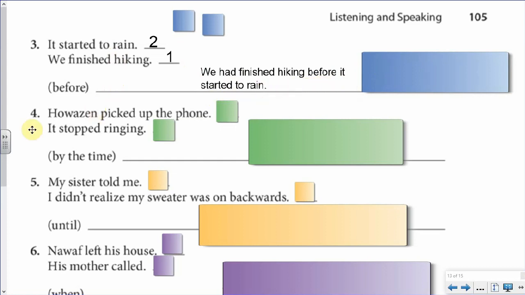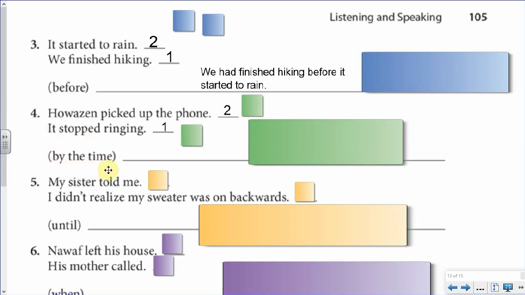Number 4, we have how as in picked up the phone and it stopped ringing. Which order is this one? Which one was first? Yep, it stopped ringing, and then second, how as in picked up the phone. In this example, we have by the time, and it's probably better to use this one from the beginning.